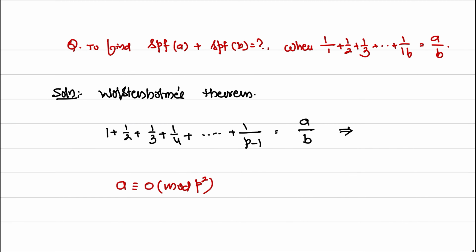This is very, very important, where a is the numerator and p is the number of elements in the harmonic series.